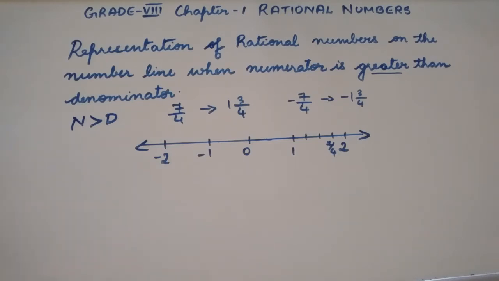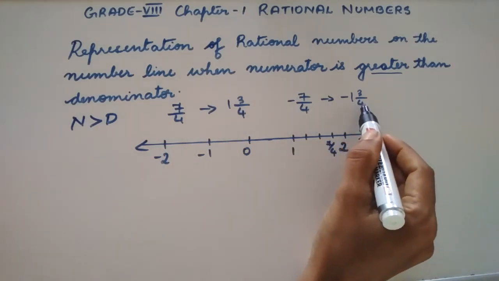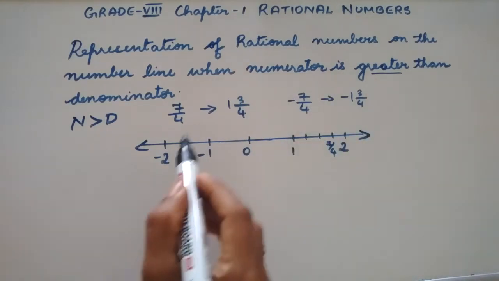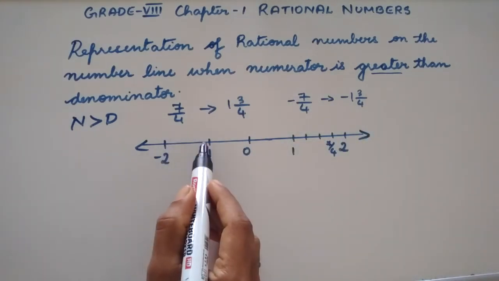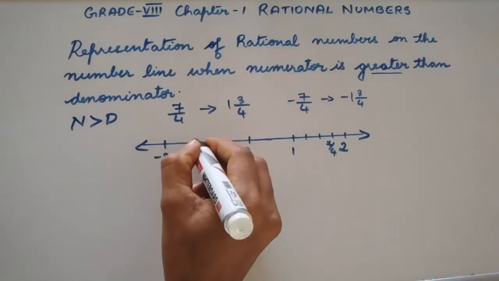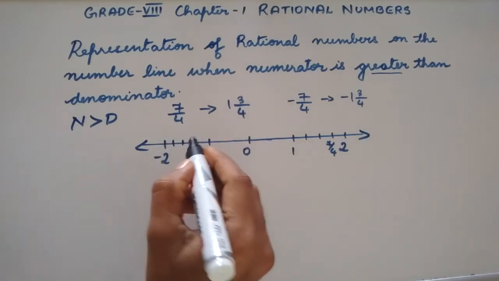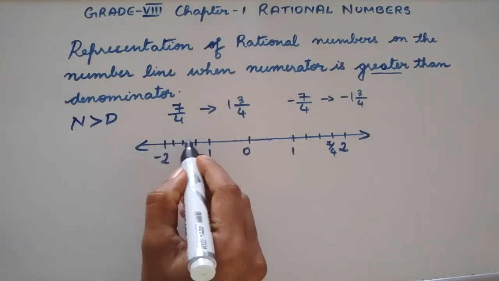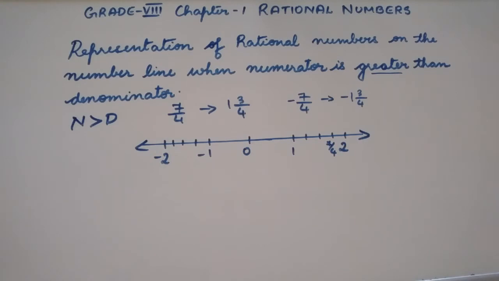Now the denominator tells us the number of equal parts this length is divided into. So we divide this length into 4 equal parts by marking 3 lines. 1, 2, 3 lines, so 4 equal parts.